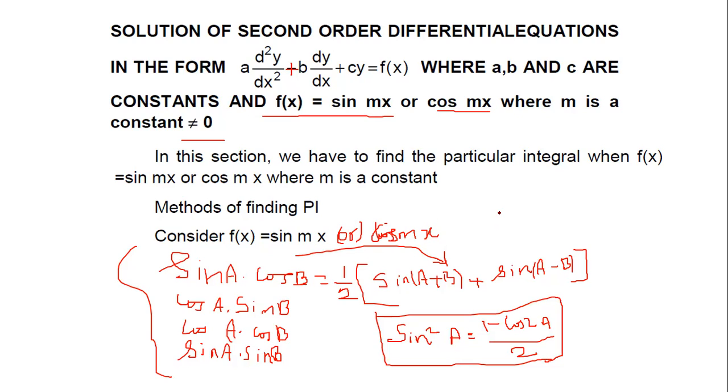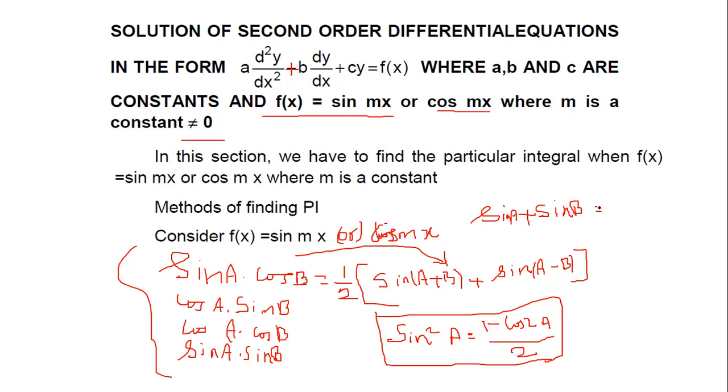And then you should know the addition formulas also. Sin A plus sin B formula. Sin A plus B, sin A minus B, we know that. But what is the sin A plus sin B formula? Anybody know that?